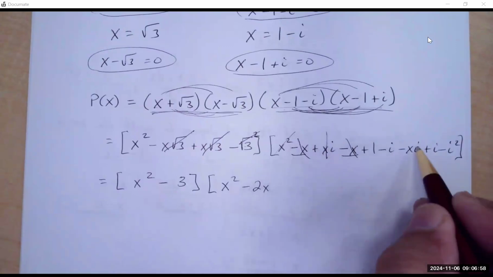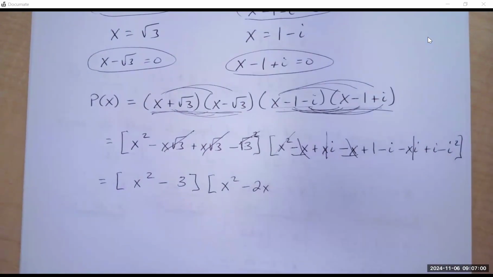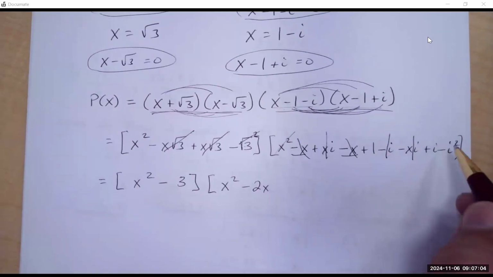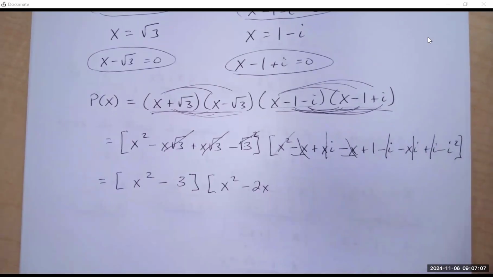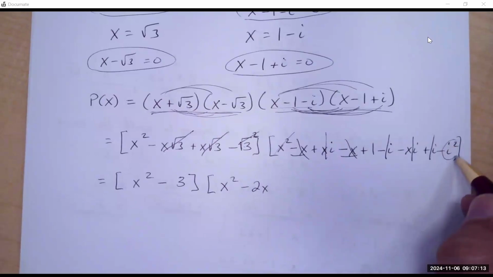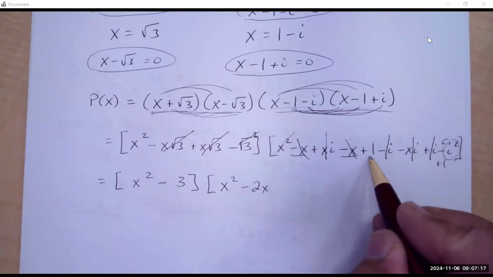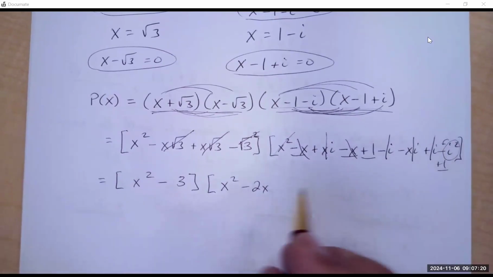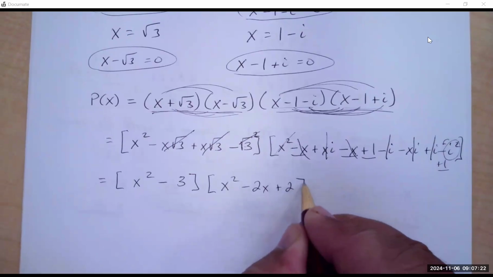Positive xi, negative xi cancel. Negative i, positive i cancel. I squared becomes negative 1, so it changes that. So it makes it positive 1. So you have positive 1, makes it a positive 2.